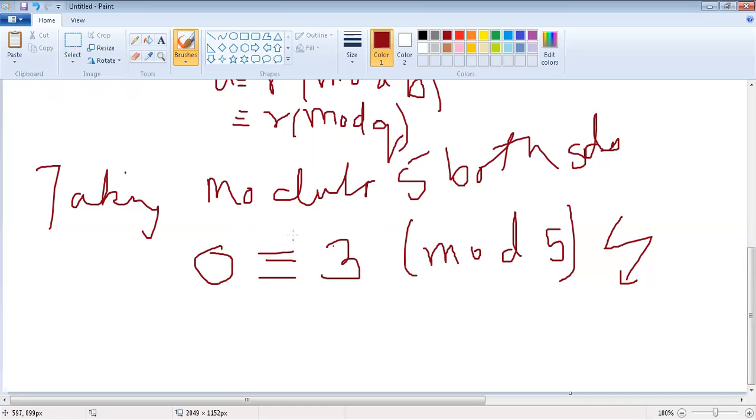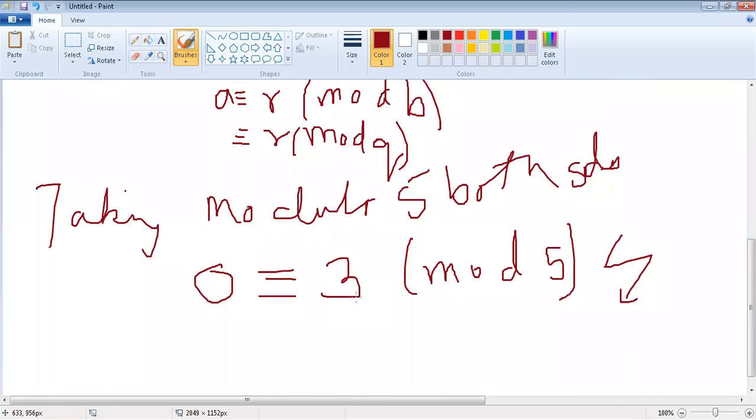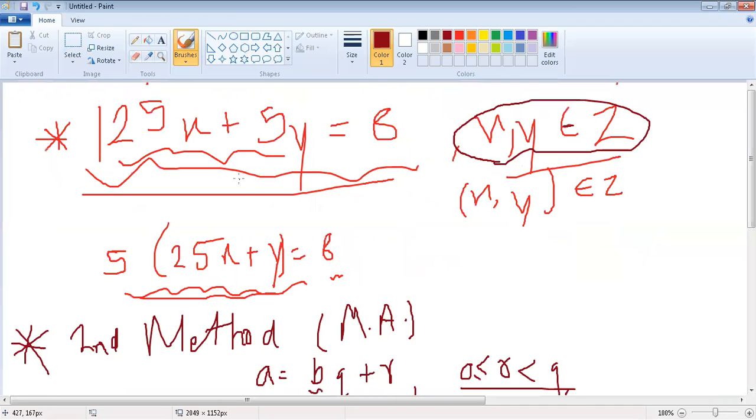So there are no integer solutions for this equation. I hope you got how I wrote this 3: when 8 is divided by 5, the remainder is 3, so this is not possible. By contradiction, we proved that our assumption was wrong, that this equation had solutions. Actually, this does not have solutions.